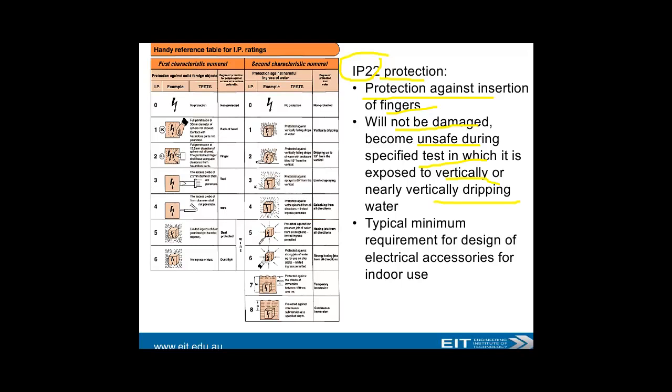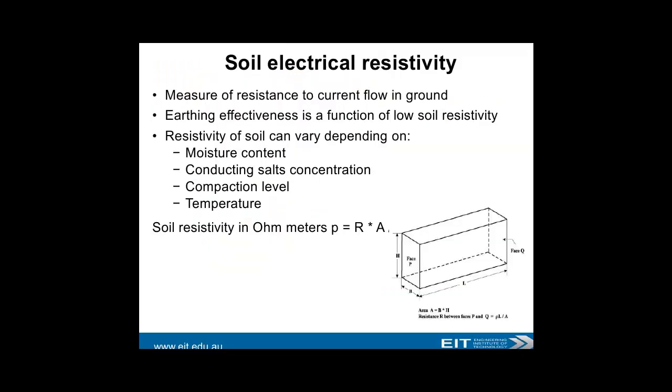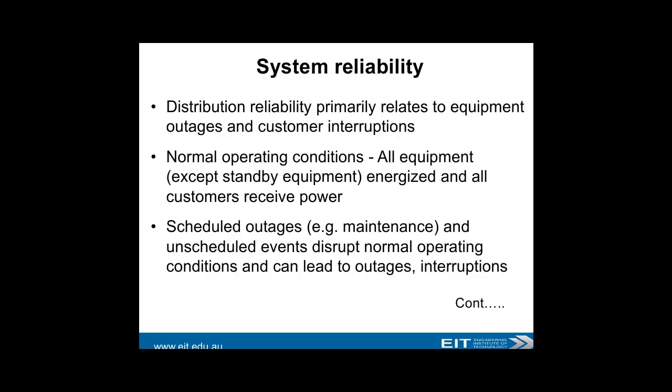So that's the IP22, but you can get various combinations depending on the setup there. That's a typical minimum requirement for design of electrical accessories for indoor use. Soil electrical resistivity, very important. I'm not going into that in this section here.